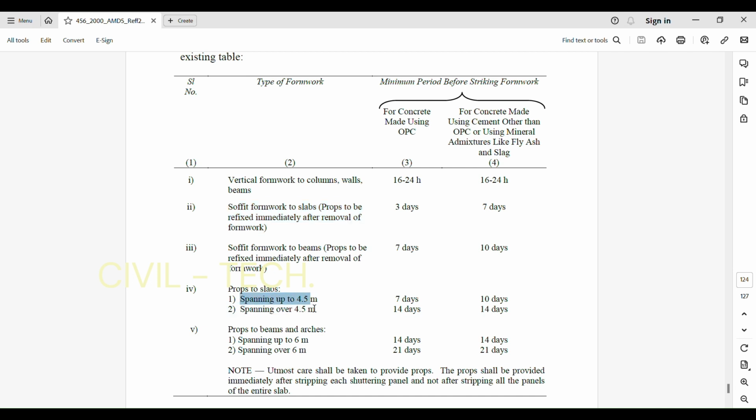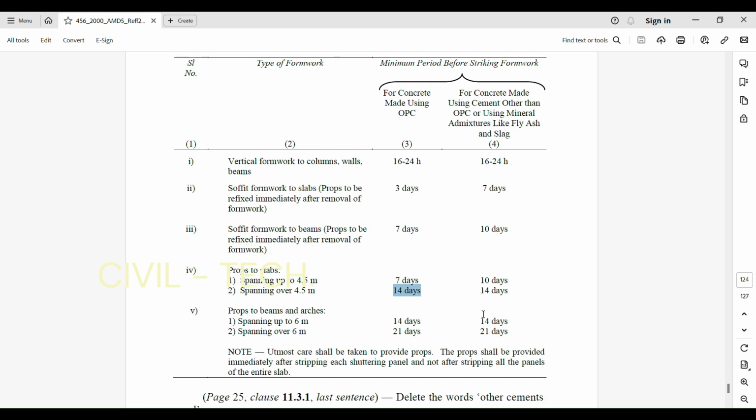If the span is up to 4.5 meter, the reprops should be retained up to 7 days for OPC concrete and 10 days for mineral admixture concrete. For a slab spanning over 4.5 meter, the repropping system should be retained 14 days for OPC concrete, same as mineral admixture concrete.